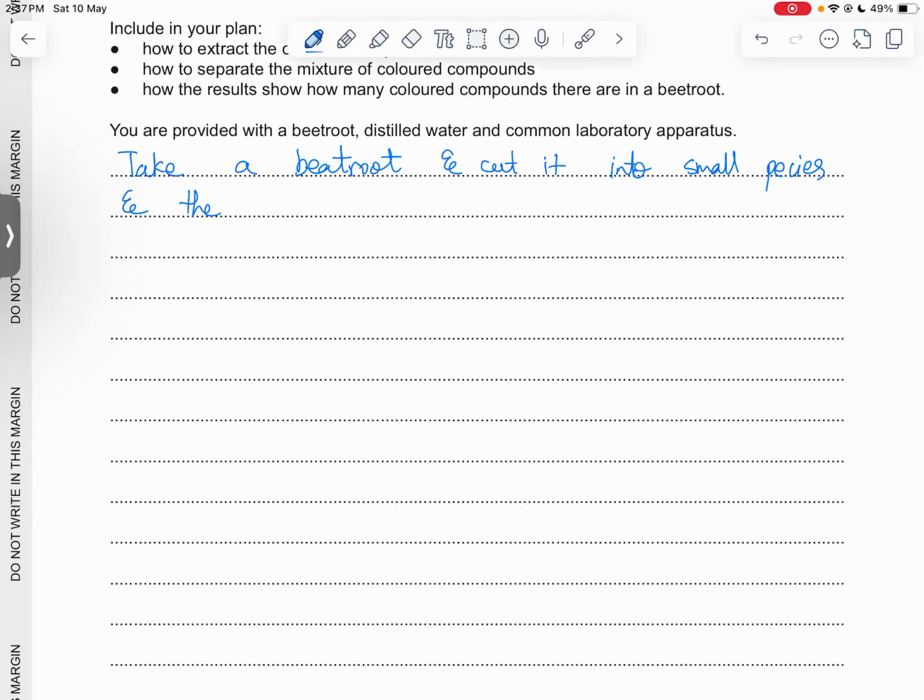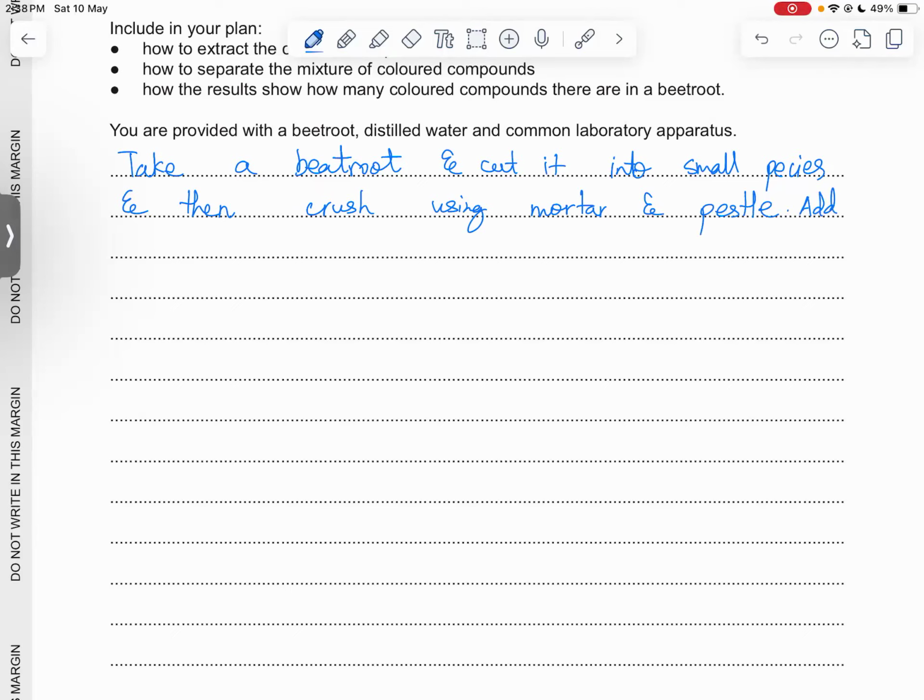And then add it and crush it using a mortar and pestle. Full stop.